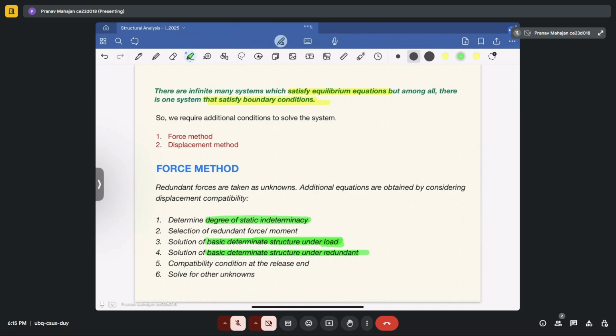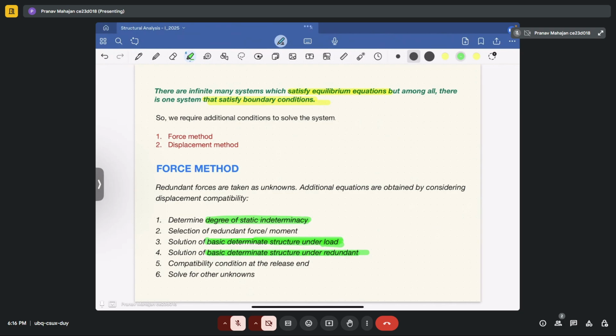That means, like if you are having a hinge support and a roller support, in that you are confirmed that the displacement or deflection at the support should come out to be zero, so that becomes your compatibility equation for that particular structure. You have to determine the compatibility equation, then only you will be able to solve the problem by breaking it down into smaller steps. So this is the general overview of the force method.